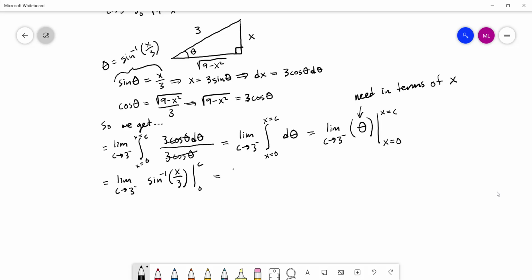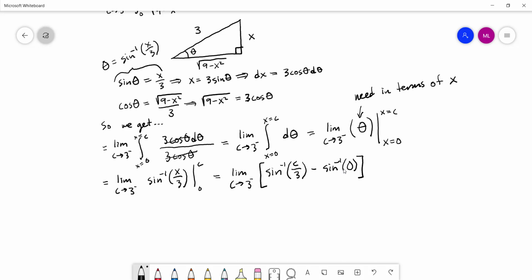I'm going to get the limit as c approaches 3 from the left of the inverse sine of c over 3 minus the inverse sine of 0, plugging in the lower bound.